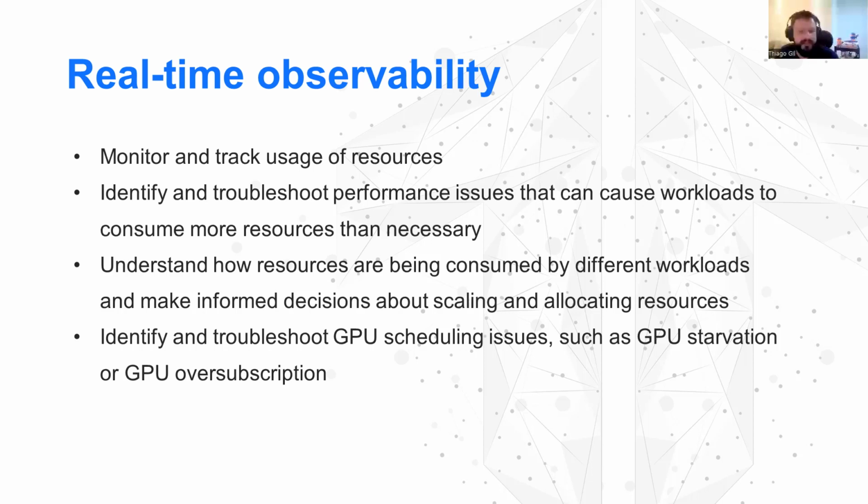Understand how GPU resources are being consumed by different workloads and make informed decisions about scaling and allocating resources to optimize costs, and identify and troubleshoot GPU scheduling issues such as GPU reservation or GPU oversubscription that can cause workloads to consume more resources than necessary, and correct them.